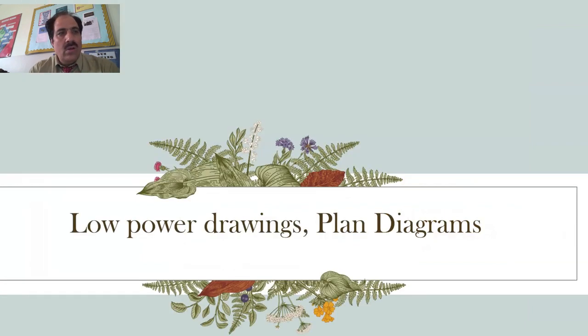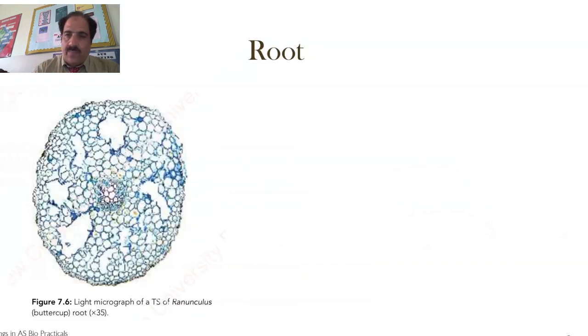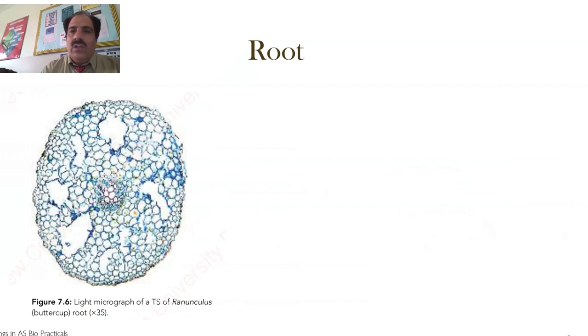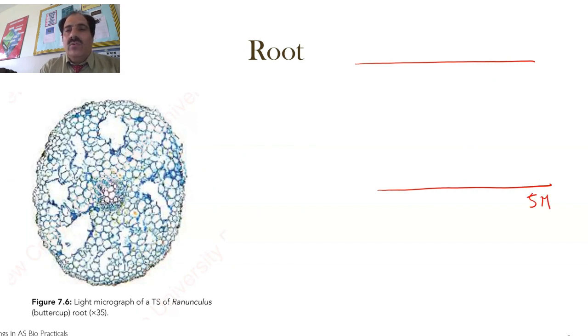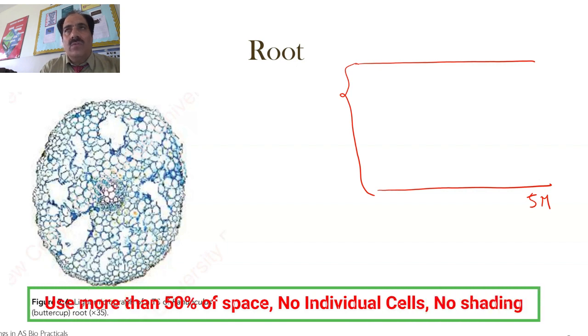So let's move to the low power drawings, which are known as the plan diagrams. What are the things that we must remember before starting making a plan diagram? First of all, there is always a space provided for making the plan diagram, and the marks are written over here, for example, 5 marks. We have to use this space properly, meaning we should use a minimum of 50% of the space.